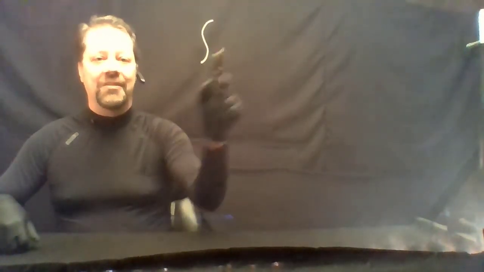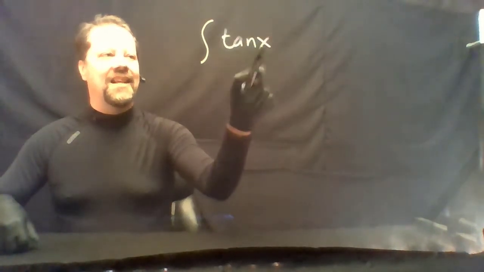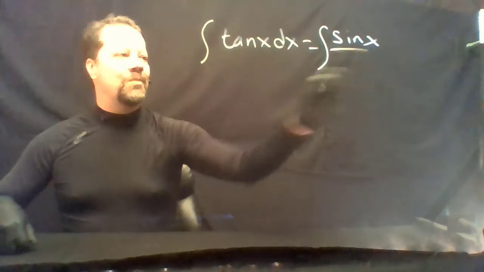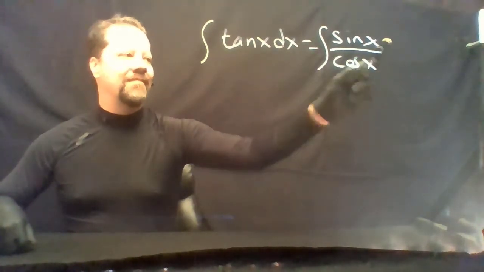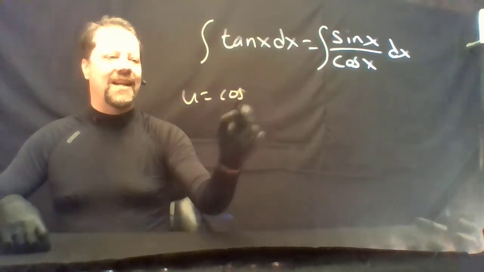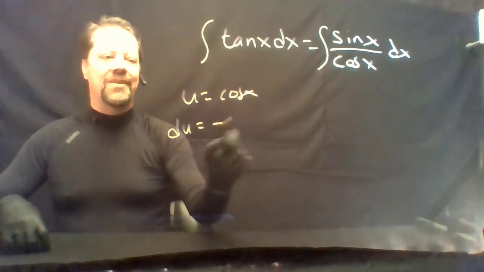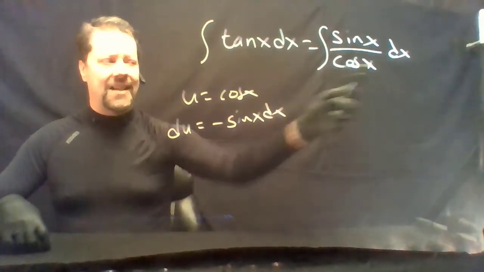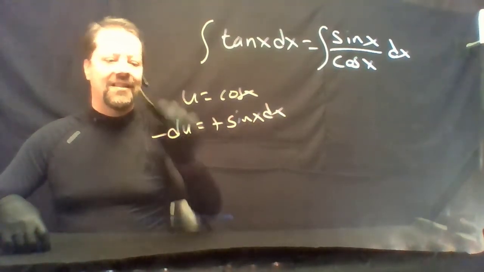And for sake of completeness, let's look at the integral of tangent x, which I already described, splitting this into sine over cosine. Here, we set u equal to cosine x, so that du is minus sine x dx. We have the sine x dx, but not the minus.